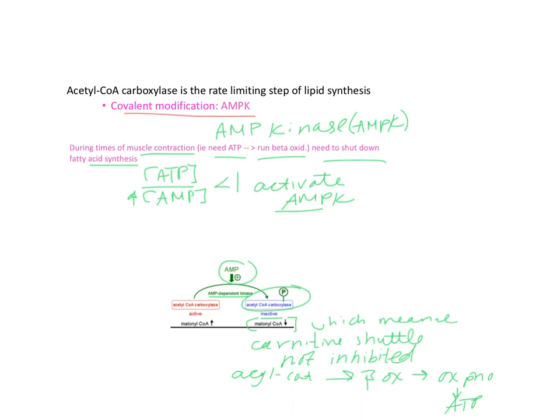So if you have high concentrations of ATP, then AMPK, you're going to have a dephosphorylation event where acetyl-CoA carboxylase is now active, and then malonyl-CoA concentrations rise, shutting down the carnitine shuttle and shutting down the production of ATP.